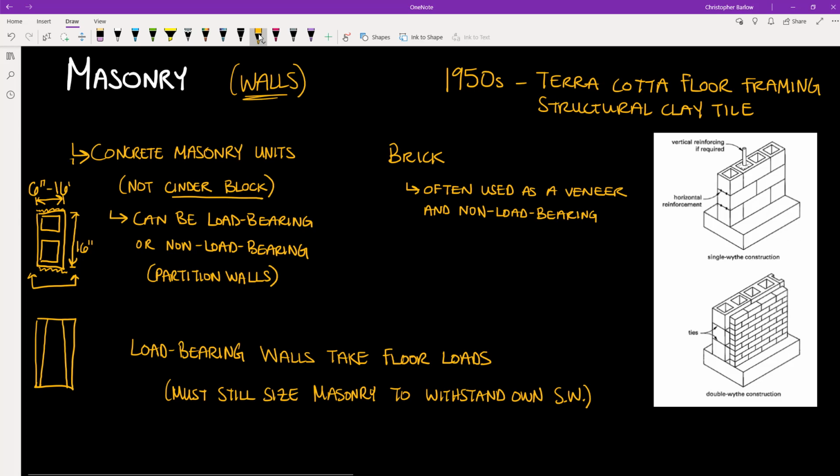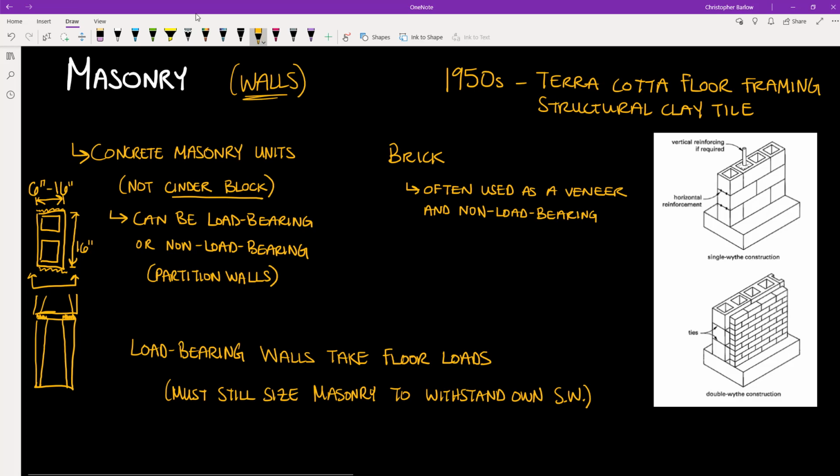The wider end of these side walls is going to be the top of the block. And that's so that they can place the mortar more easily when they stack these blocks. So the fatter end of the side walls is on the top, and the thinner end is on the bottom.